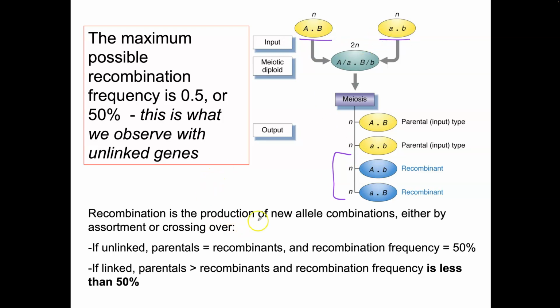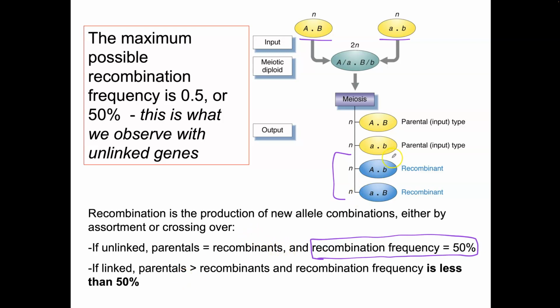And that they can arise two different ways. One is independent assortment, and if the genes are not on the same chromosome, the recombinants are produced by independent assortment. The recombination frequency is going to be 50%. It can never be more than that. And if you're not sure why, you should draw it out and remind yourself of how that works.